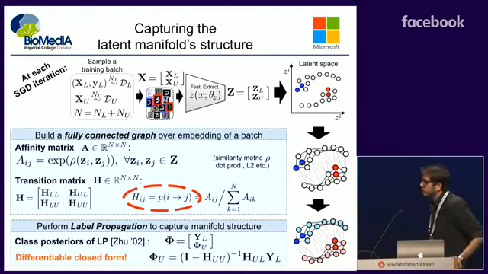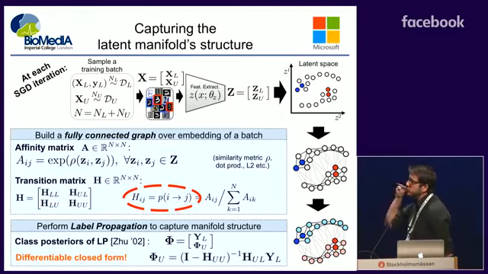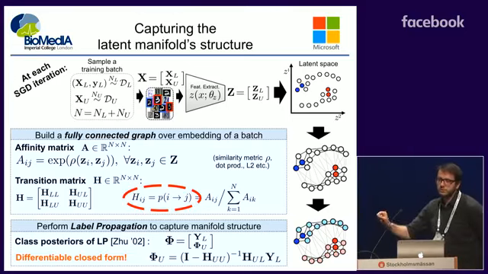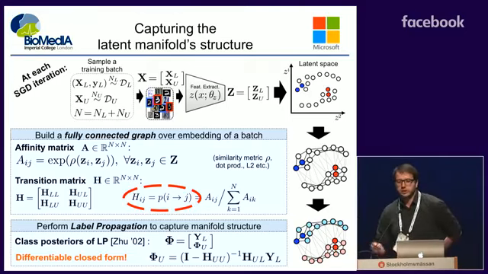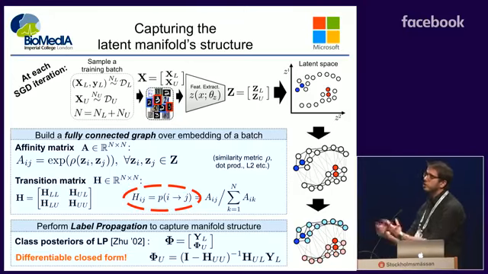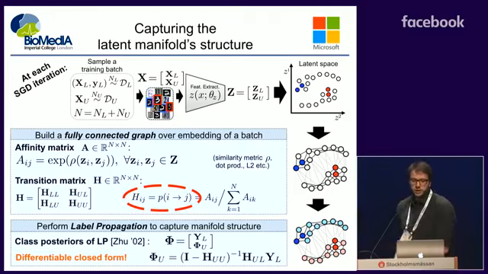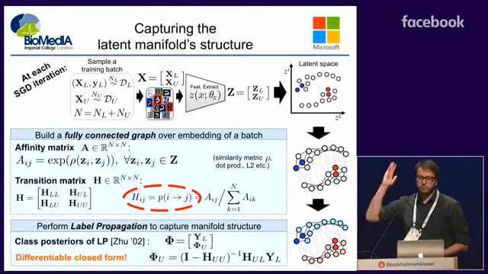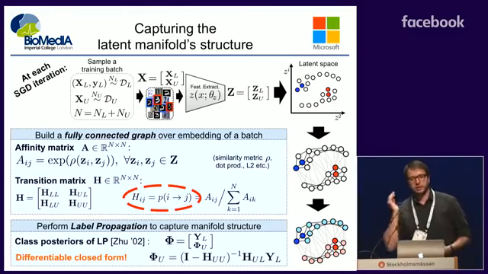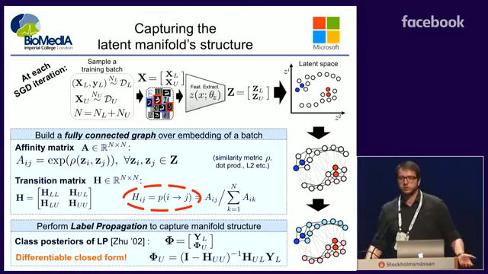Something that we noticed in this work, and it is very important, is that this closed form solution is very simple and it's differentiable. This enabled us, in the next steps, to use these class posteriors to derive a cost function that we're going to minimize, backpropagating through the label propagation, through the graph, back to the feature extractor, and regularize the feature extractor.